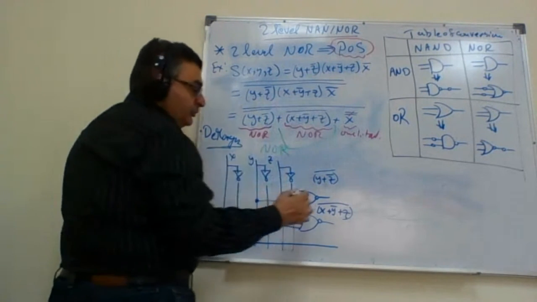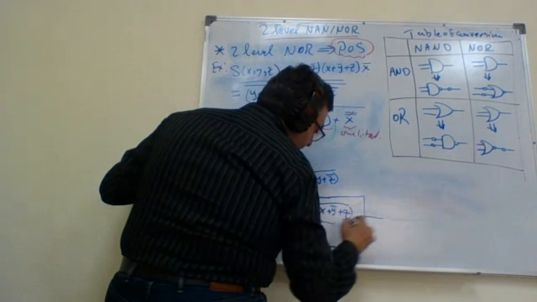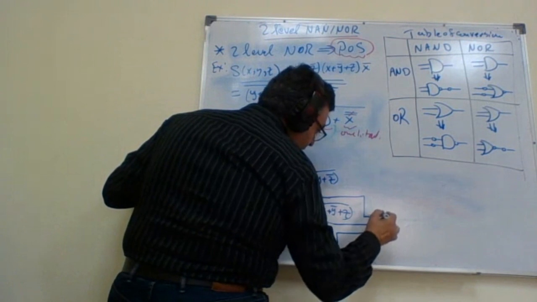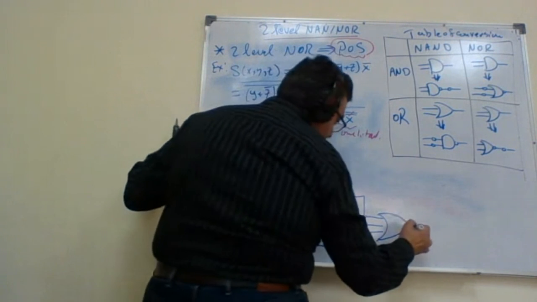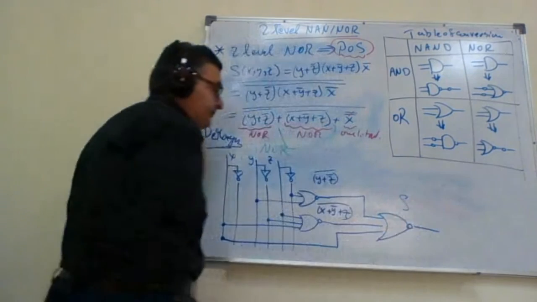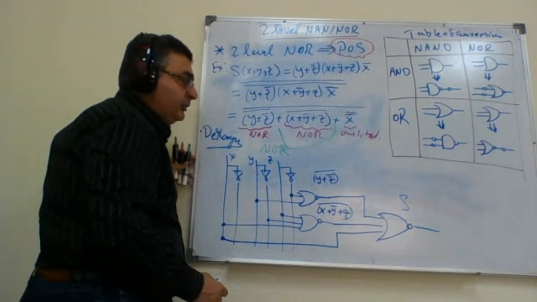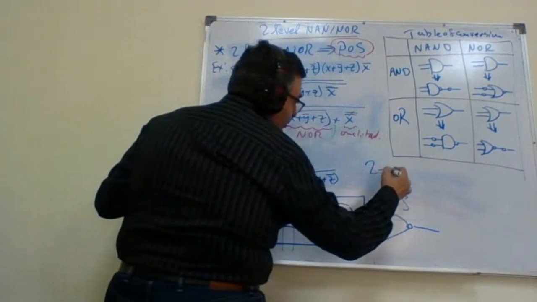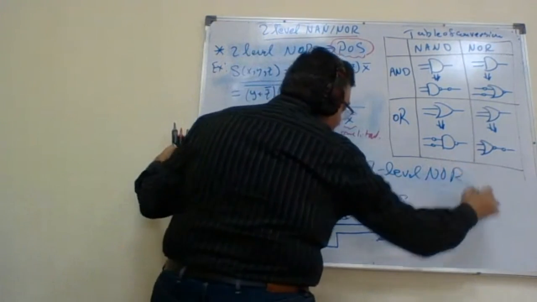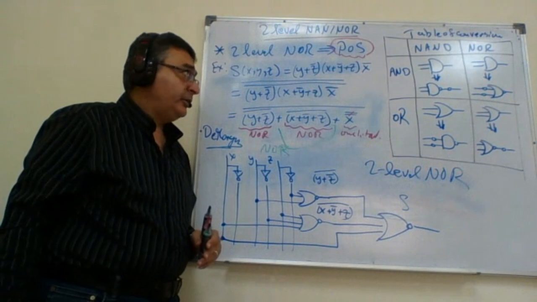These should all be connected to one big fat NOR gate to give me the function S. Okay, so right now the circuit that we have drawn here is said to be two-level NOR. Agree?